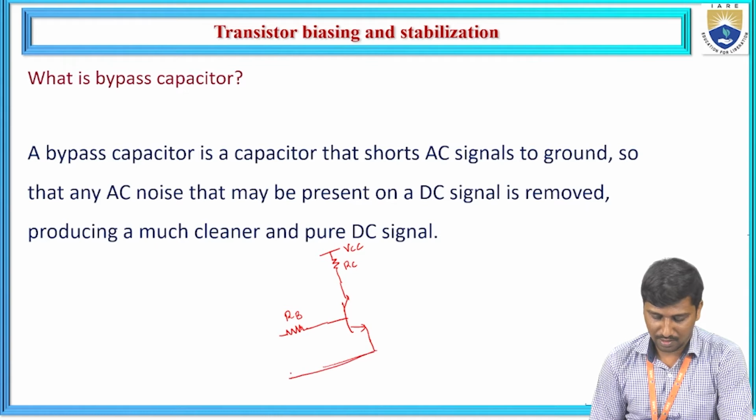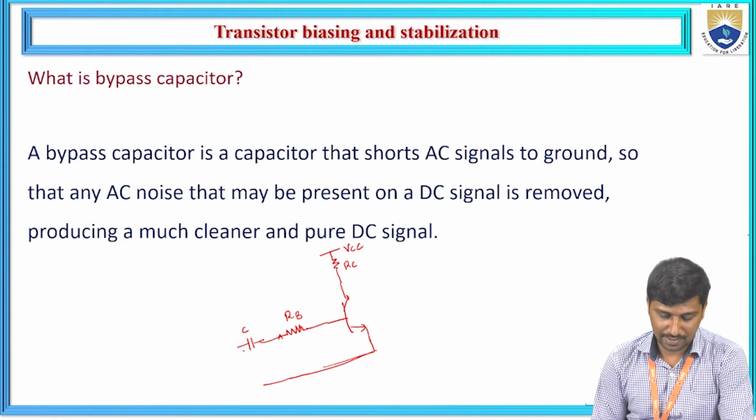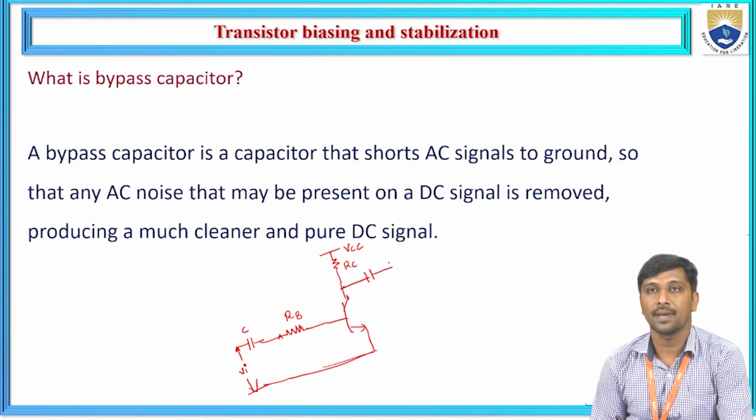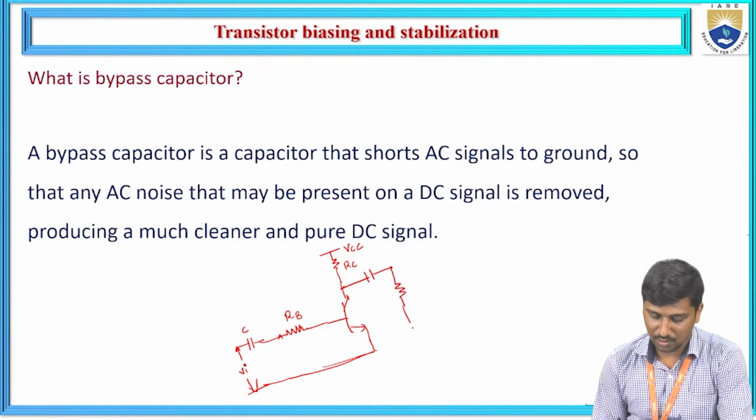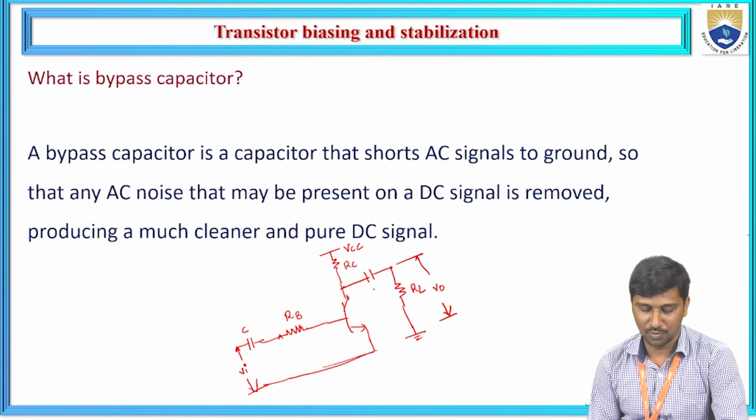To pass an AC signal, we add a capacitance and then apply the input signal here. Similarly, the output also uses a capacitance, and across it we place the load resistance RL, which is connected to ground potential. Across this, we measure the output voltage.